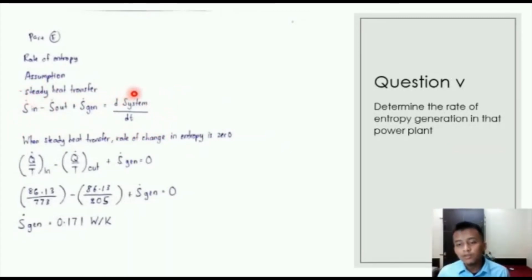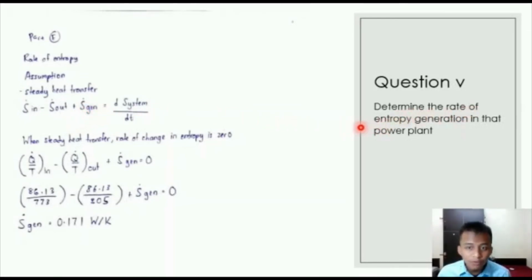But because the question is asking for the rate of entropy generation, we have to use the rate formula. This is the formula that we have to use. S dot in minus S dot out is the rate of net entropy transfer by heat and mass, while S dot gen is what we have to find.